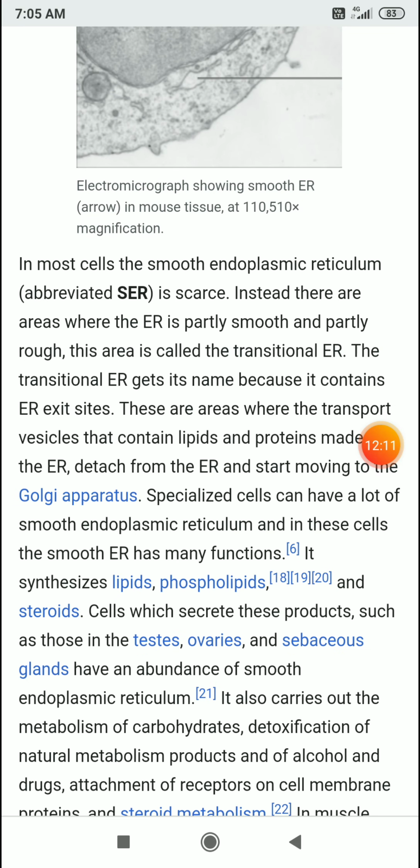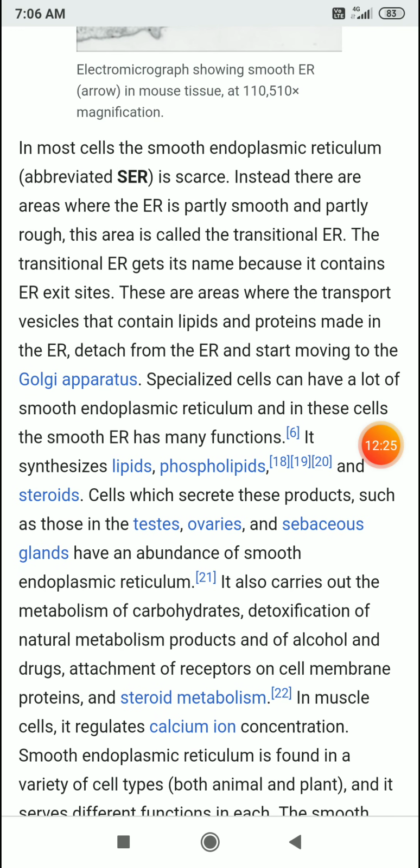It gets its name because it contains endoplasmic reticulum exit sites. These are areas where the transport vesicles that contain lipids and proteins detach from the ER and start moving to the Golgi apparatus.